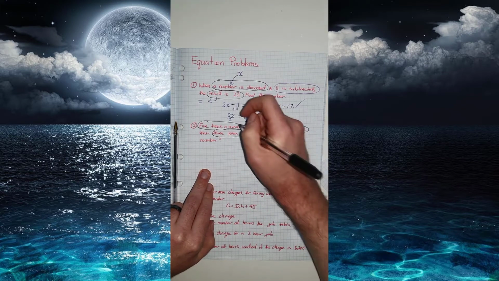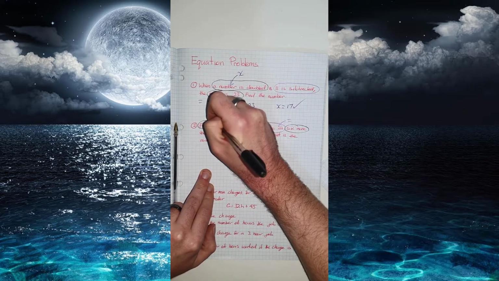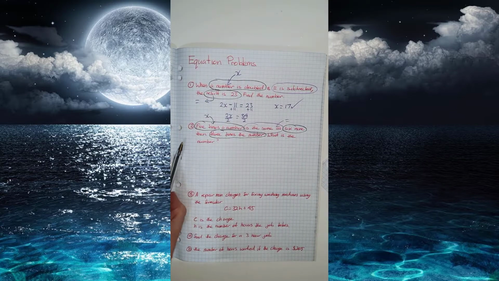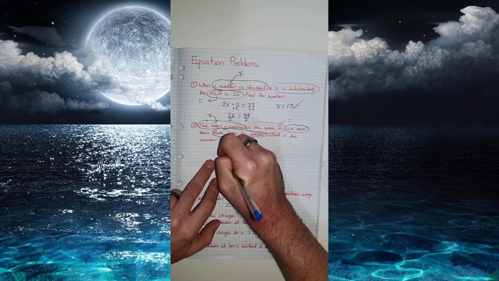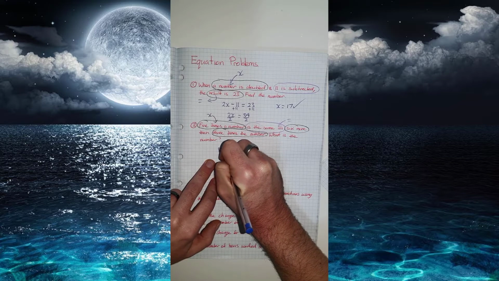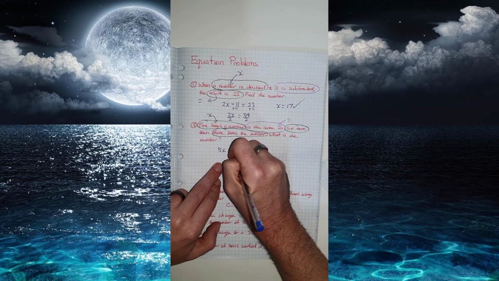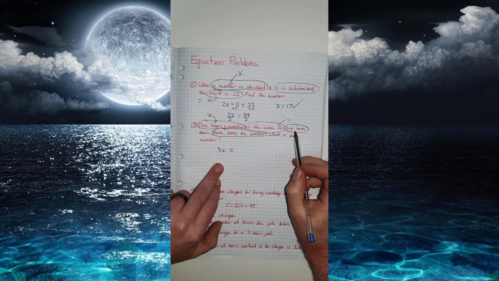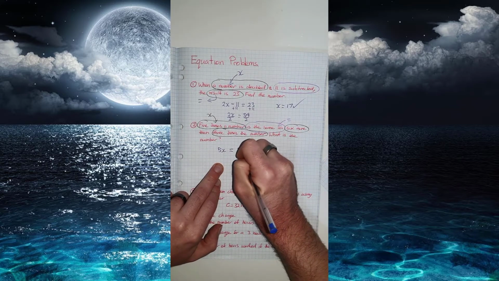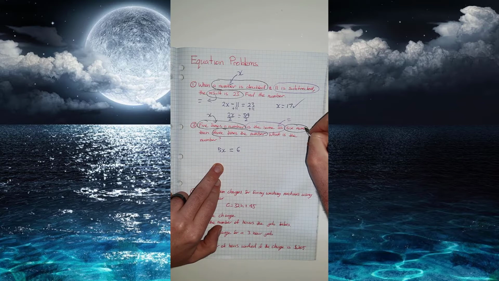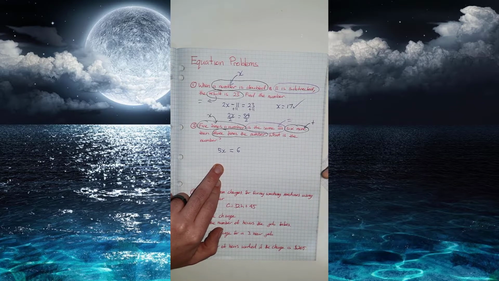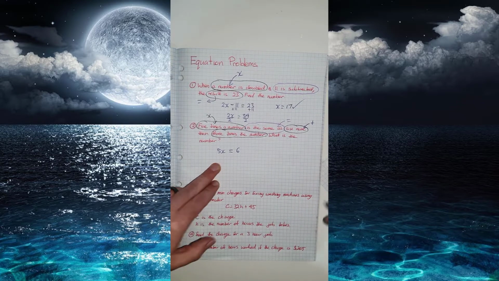We don't know what this number is, so let's put that as x. So 5 times x is the same as, so equals, 6 more than. More than, you should remember, is a plus.